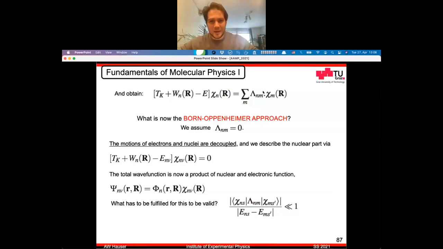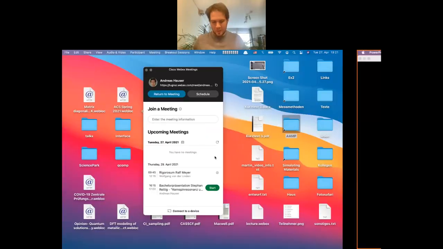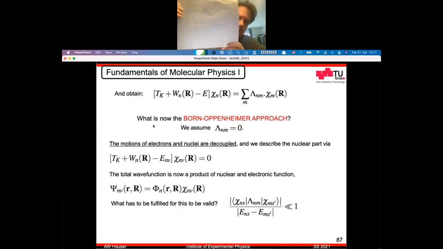Look at my sketch again. I will stop sharing so that you can see better what I'm going to show you. So this is the typical situation where we said, okay, let's look at the ground state, at the electronic ground state. We can now solve the nuclear Schrödinger equation for our molecular system in the electronic ground state.